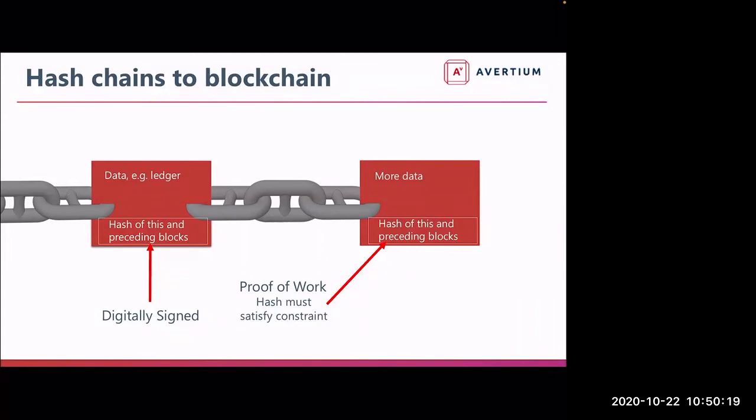I can't look at a hash and decide what I can do. There's no real shortcut to saying, if the first 30 bits of this hash have to be 0, how do I get that? I can't. The only way I can get that is to hash. And therefore, I must be able to put a variance into it that allows me to get different hash values. This is called a nonce.